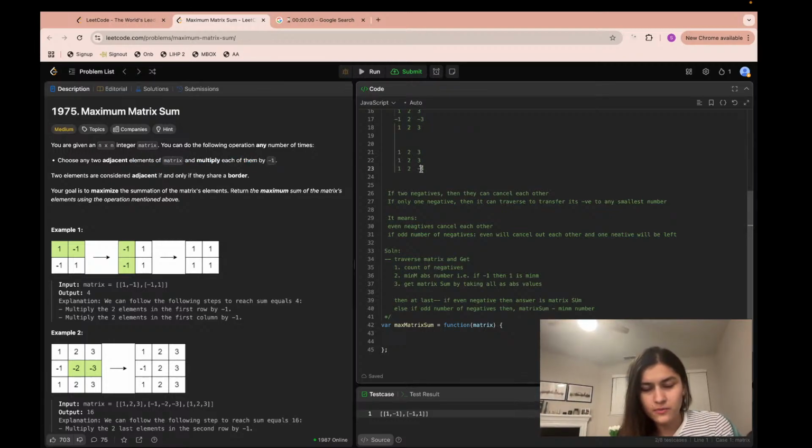It means I can transfer this negative anywhere if I can do -1. So if I can transfer it anywhere, then obviously if this is negative, then this will cancel each other, right?